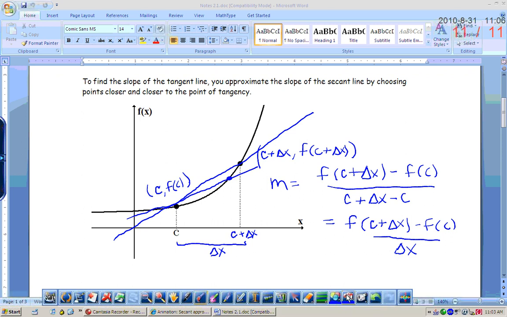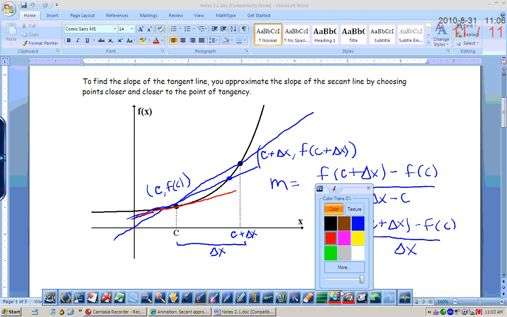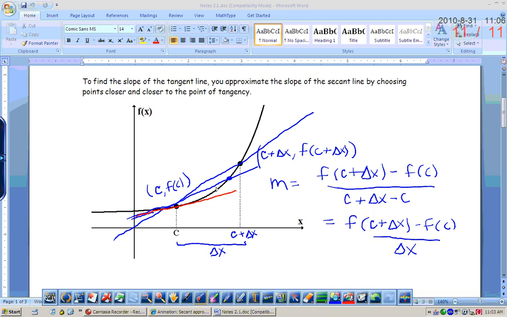And what I'm ultimately trying to approach is the tangent line. Here's my tangent line. So when I move this point closer and closer, then this big old googly bunch of blue lines starts approaching that red line.